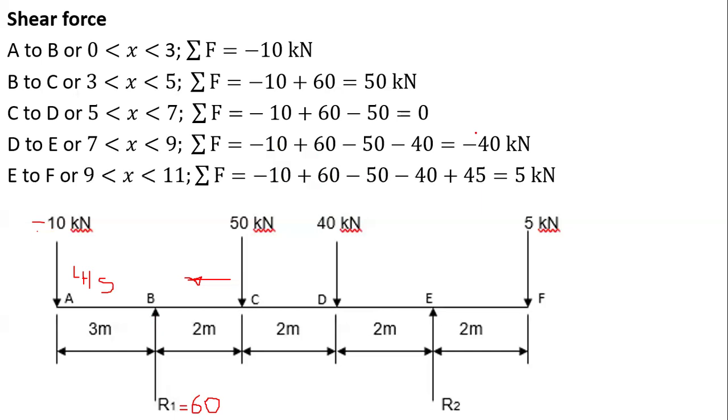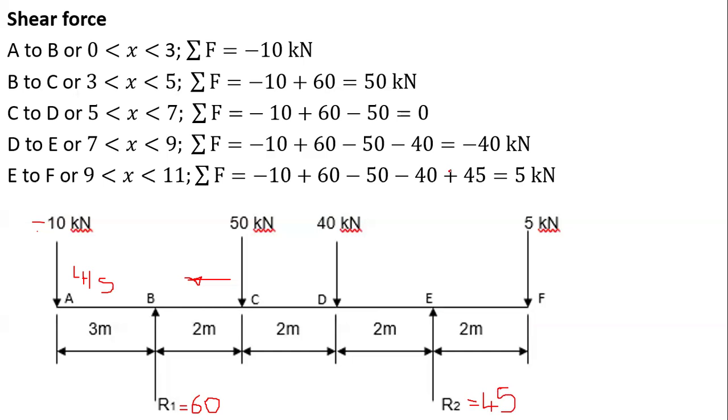Lastly, I'm moving to this last portion, which is E to F, meaning that I put my foot at point F. Looking back, there's a newcomer here. Our newcomer is actually 45 kilonewtons, the one we found for R2, and it's an upwards force. So what am I going to do with this one?